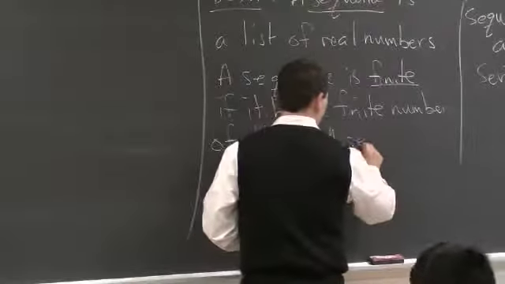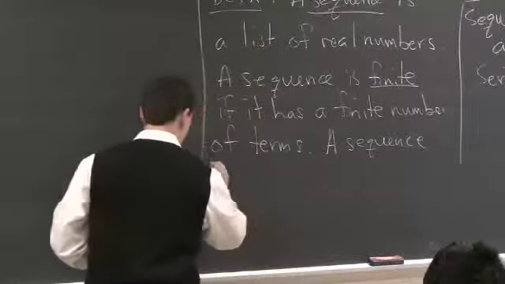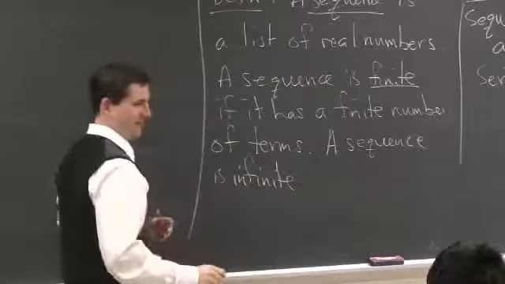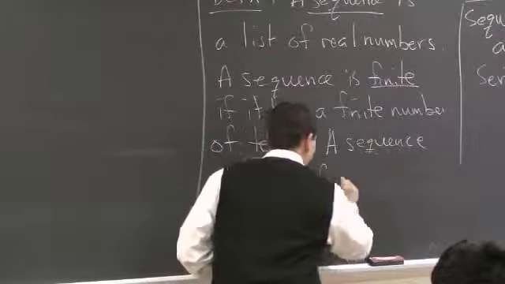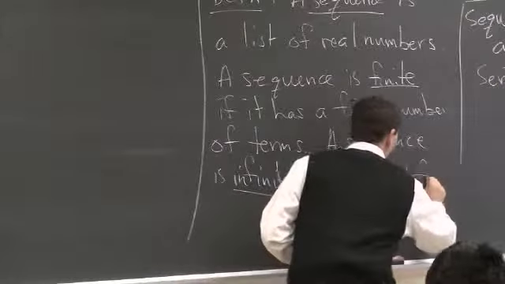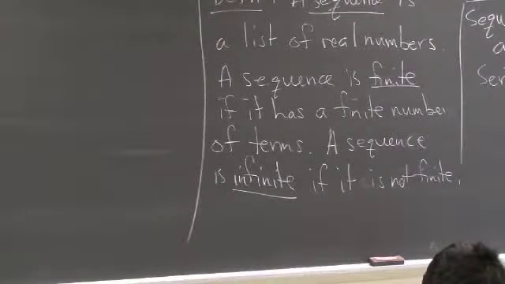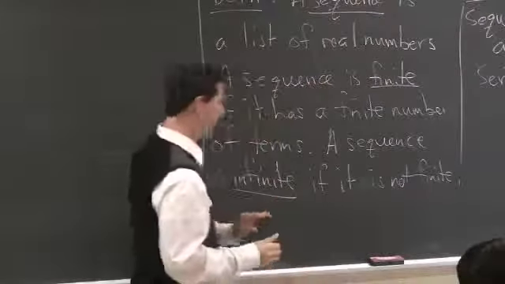A sequence is infinite if it's not finite. If you cannot associate a natural number to it and say that's how many terms are in the sequence. So we're going to look at finite sequences and infinite sequences.